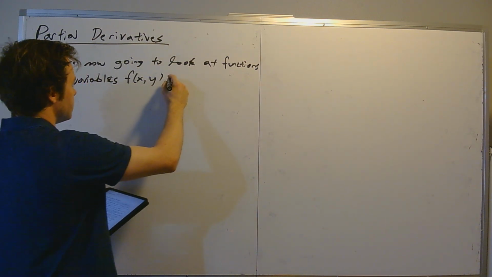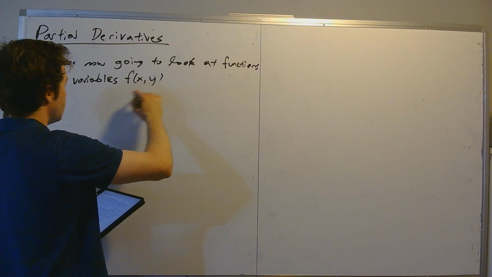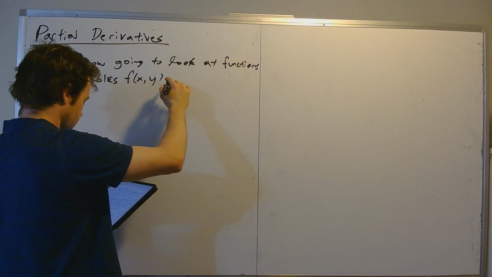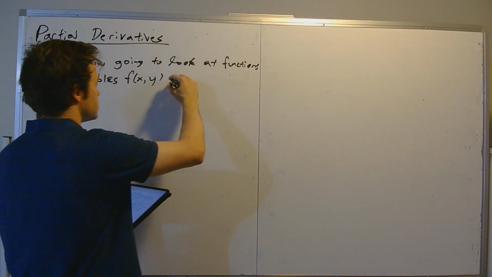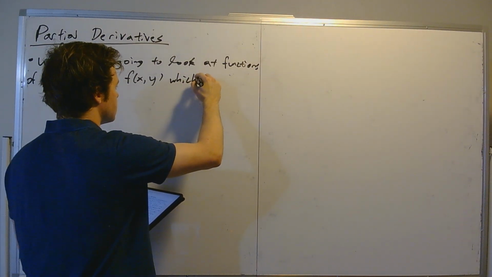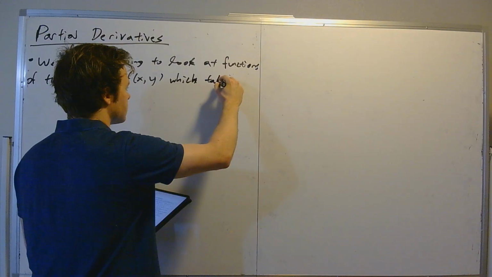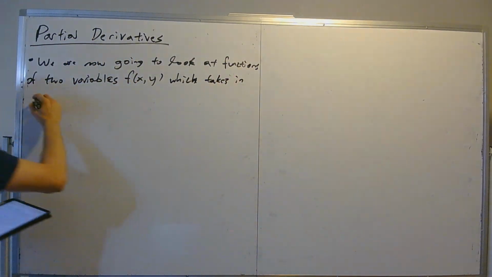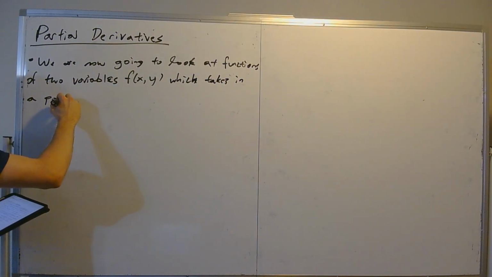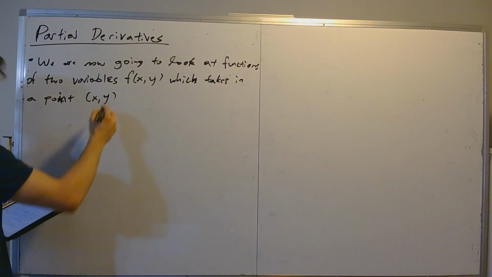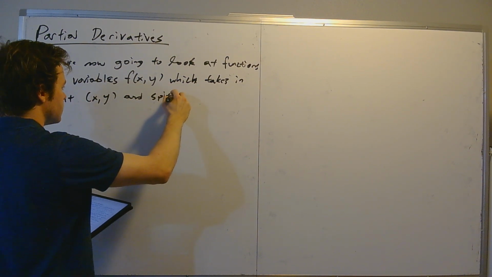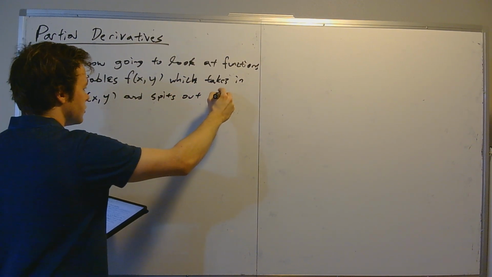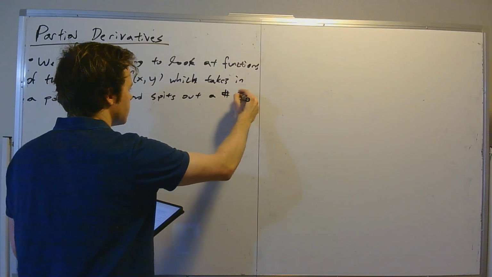And it spits out a number. So a function of two variables, f of x, y, takes in a point x, y, and spits out a number z, right?